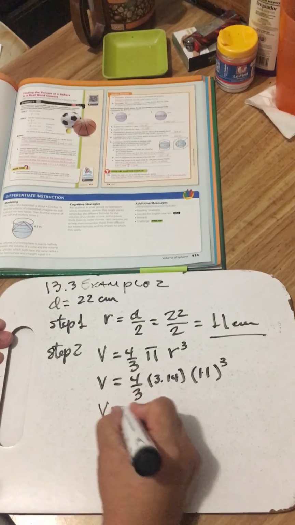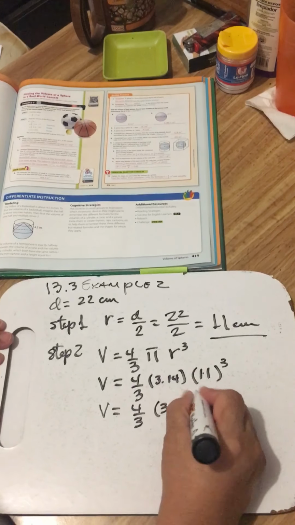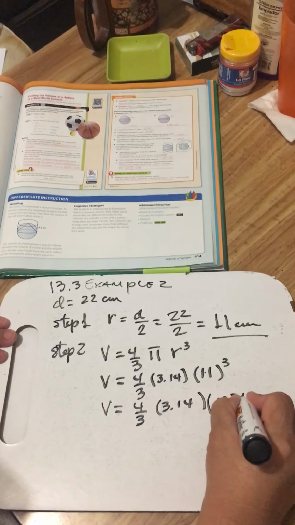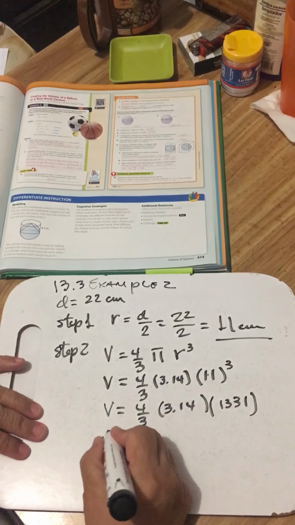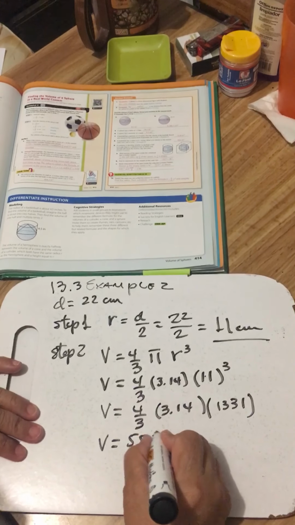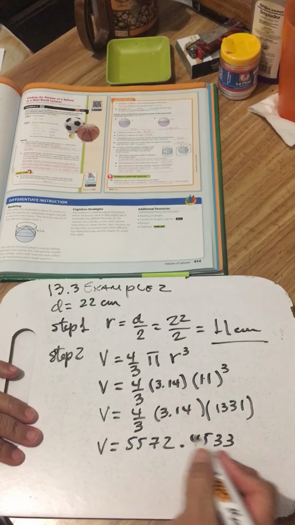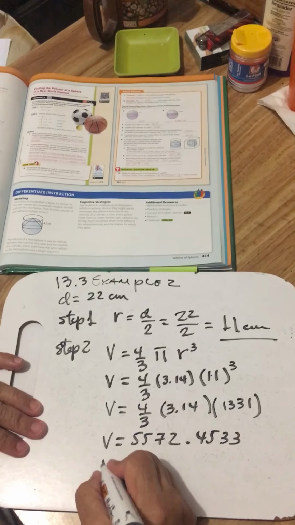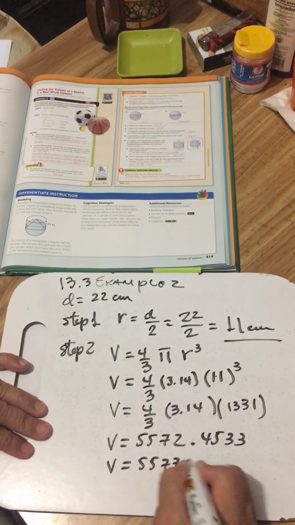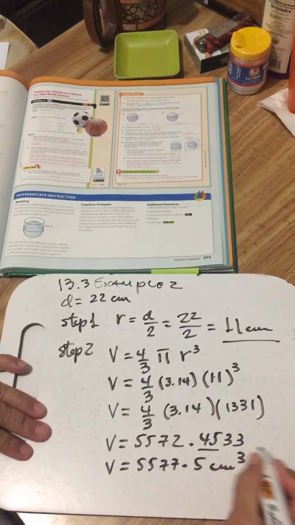And we have volume is 4/3 times 3.14 times 1331. We multiply that and we obtain 5,572.4533, but we need to round it. Then we're going to find volume is equal to 5,572.5 cubic centimeters.